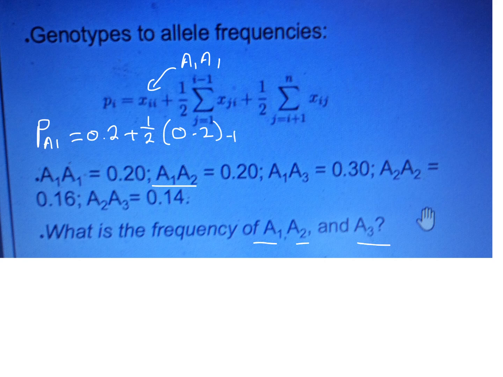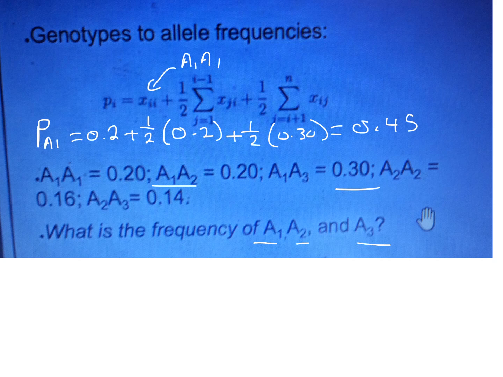And then the next part of the formula is asking us to take a half of the combination of A1 with A3, which we are also given right here, 0.30. Okay. So if I add all of these up, I'm going to get 0.45, and that is the frequency of A1.